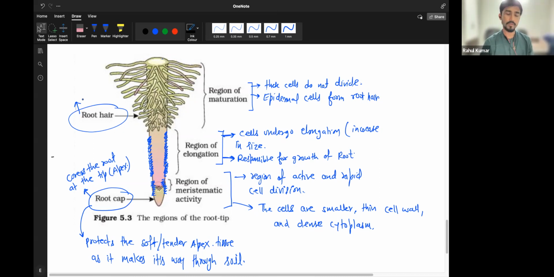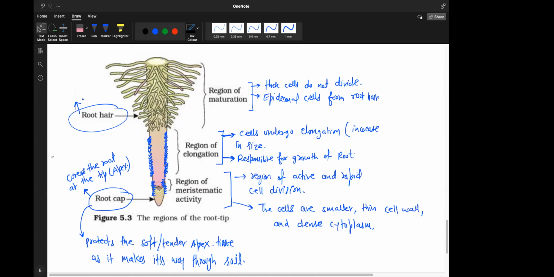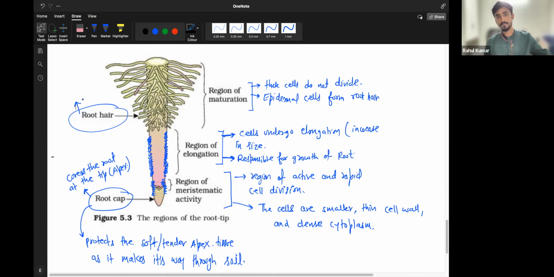Have you studied about finger-like projections called villi in your small intestine, Aisha? Yes, sir. What do they do? Surface area increase. Yes. So these root hairs are doing exactly the same things.